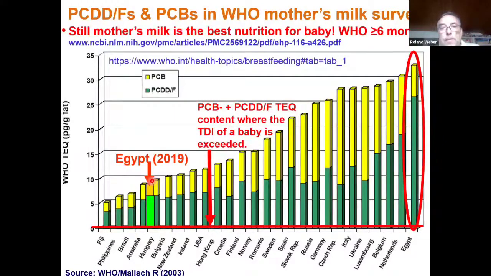But when you compare the advantage of mother's milk, which is still the best nutrition for baby, it overcompensates this kind of contamination of POPs. So this is very important to communicate. I gave you here 2 publications and the link to these publications, and also to the WHO website, which recommend at least 6 months breastfeeding.